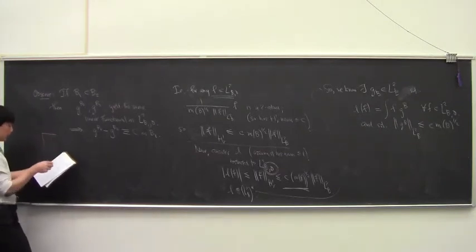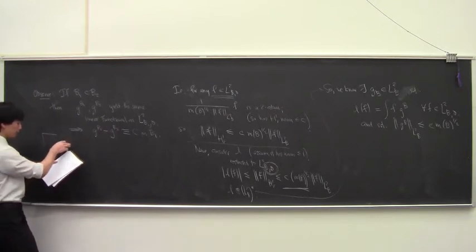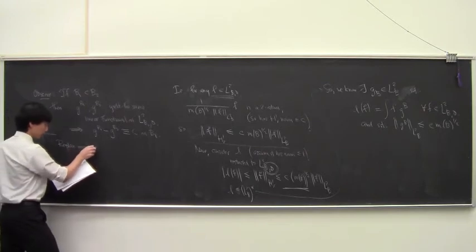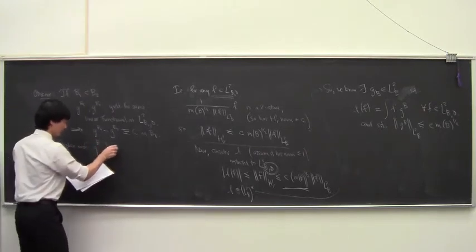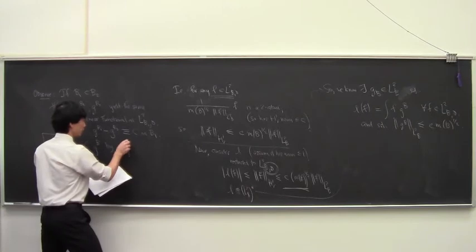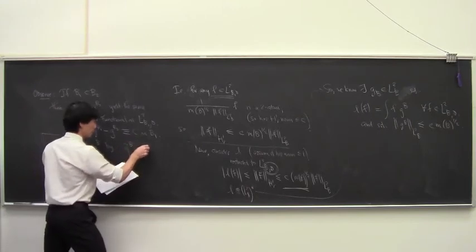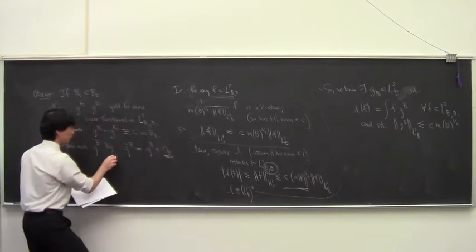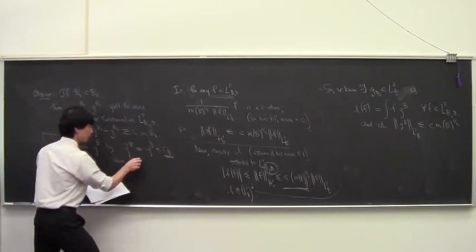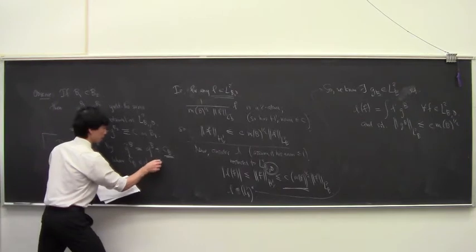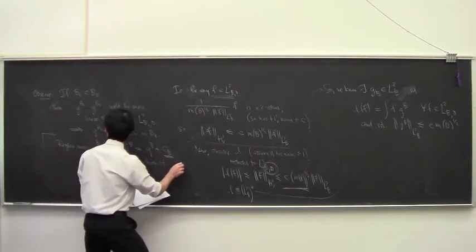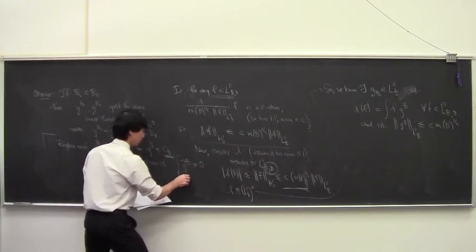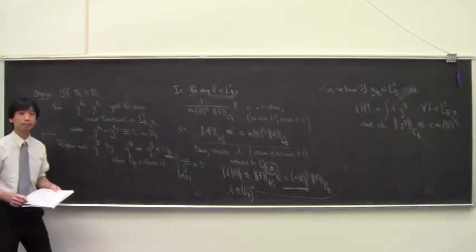So at this point, the argument goes like this: replace G super B by G twiddle B, which is G super B plus some constant C sub B, where C sub B is chosen so that the integral of G super B twiddle is 0 over the unit ball.